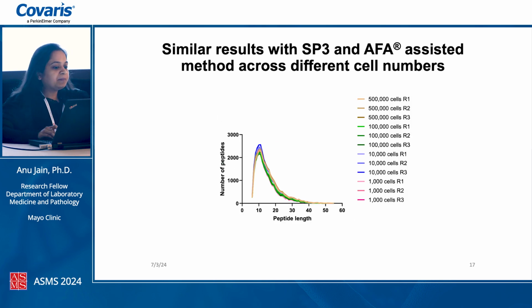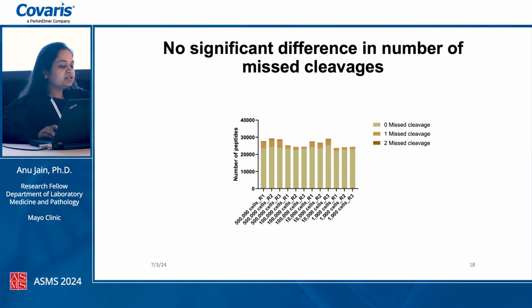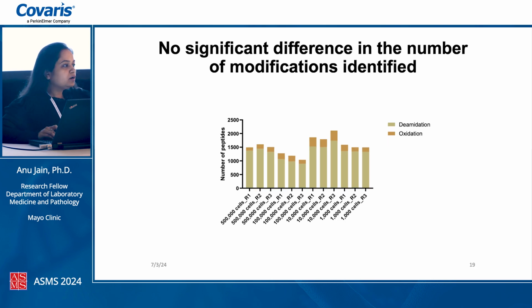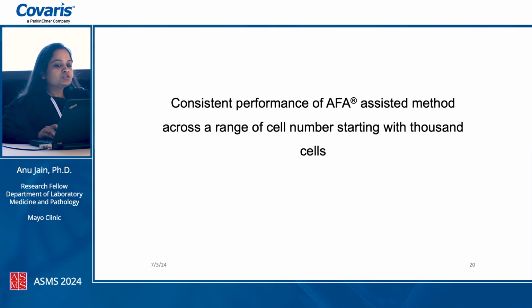In terms of peptide length as well, AFA assisted method showed consistent performance across the cell numbers, and there was no significant difference in terms of miscleavages as well. 90% of the peptides identified were with no miscleavage at all, and similar observations were made when we compared the modifications. So with this we conclude that AFA assisted method also performs consistently when we are comparing a range of starting amounts of cell numbers starting from 1000 cells.